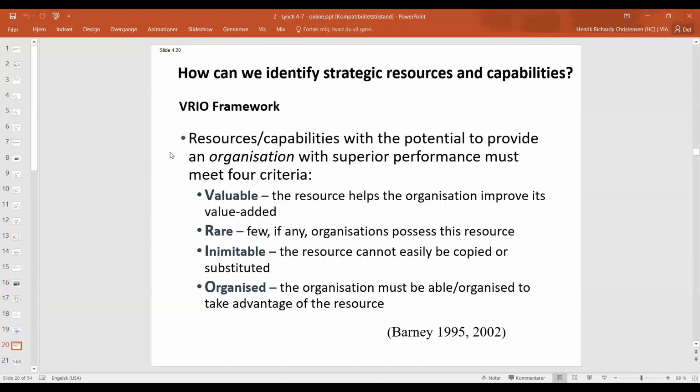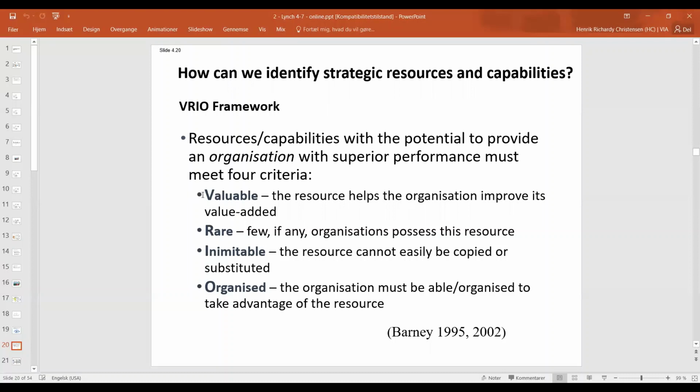This is where we have resources and capabilities that we would like to investigate whether they actually live up to 4 criteria. And those 4 criteria are valuable, rare, inimitable, and organized. Now imagine, again, we will go back to your kitchen and you cooking, that you have a kitchen stove. Is that valuable?